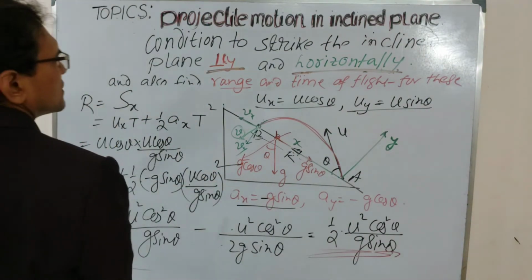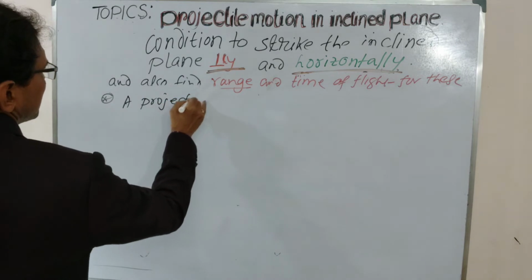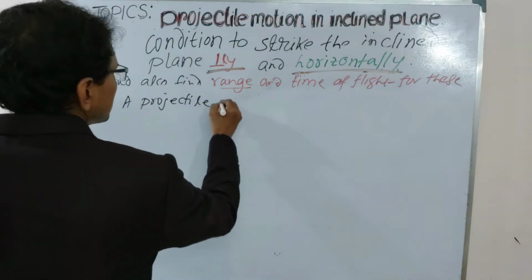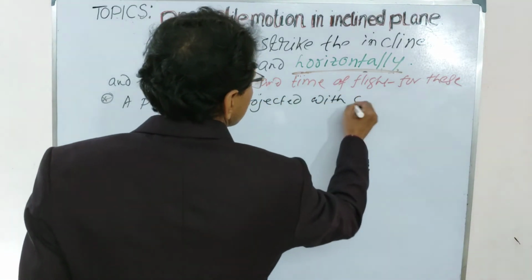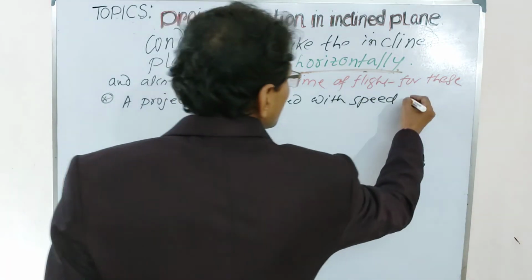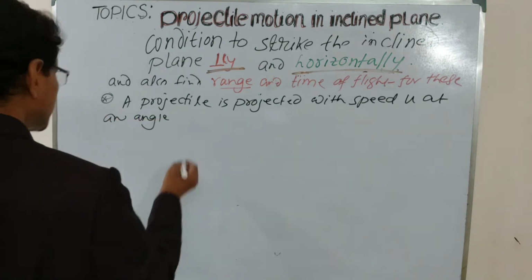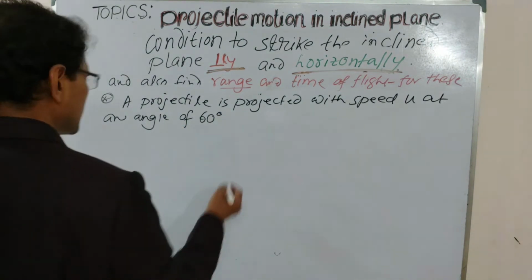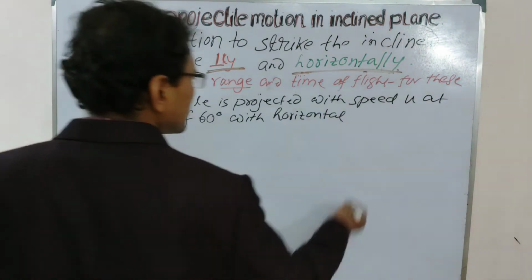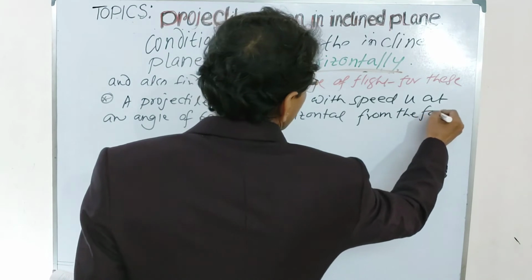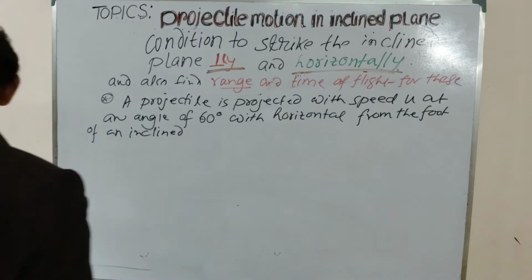Now, a projectile is projected with speed u at an angle of 60 degrees with horizontal from the foot of an inclined plane.